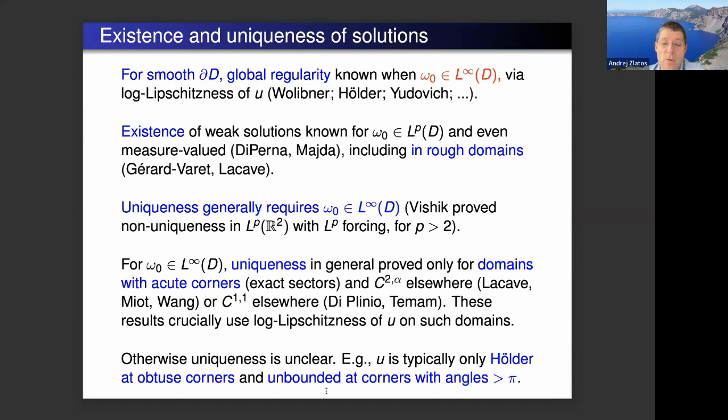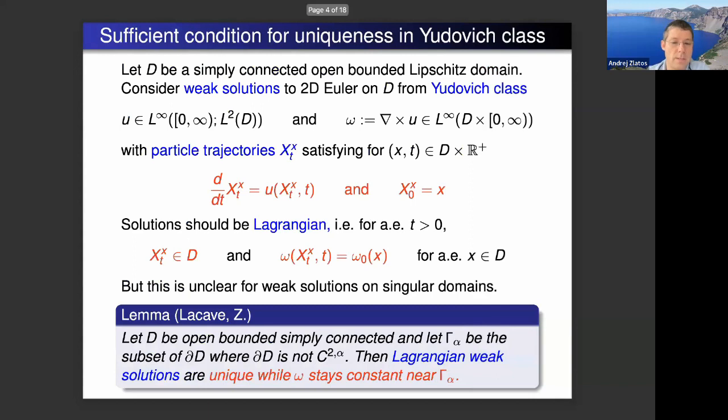And if we have corners with angles greater than pi, then the velocity is even unbounded at those corners. So obviously this ingredient is not there, and actually it is still an open problem what happens in that situation. One way to sidestep this issue is a lemma that we proved with Lacav.